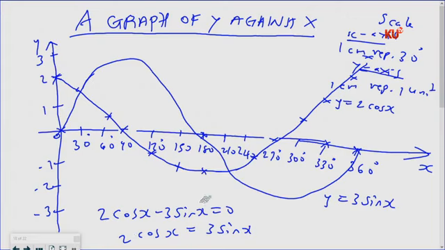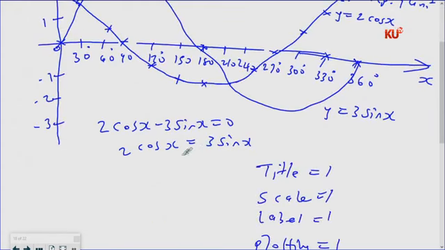So that means the point at which the first curve is equal to the second curve is the point at which the 2 curves are intersecting or meeting. As you can see, these curves are meeting at this particular point. So you need now to give your values.